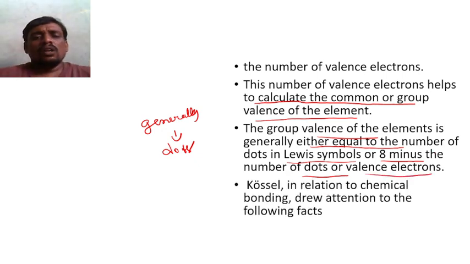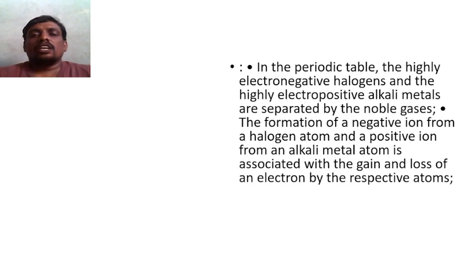So finally, questions in relation to chemical bonding draw attention to the following facts. What are they? Let us see. In the periodic table, the highly electronegative halogens and the highly electropositive alkali metals are separated by the noble gases.